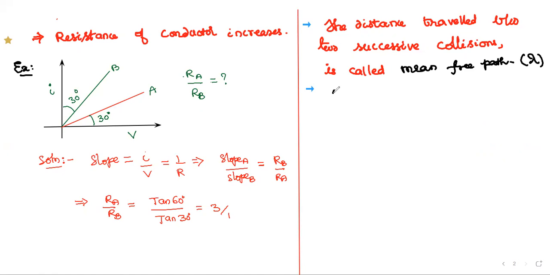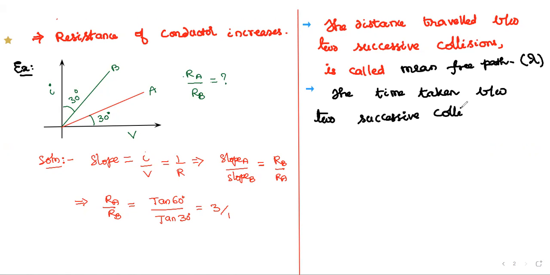What is the time, Nana? The time taken between two successive collisions is called, you don't know the name, relaxation time.